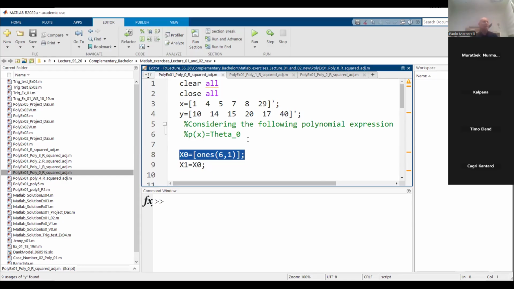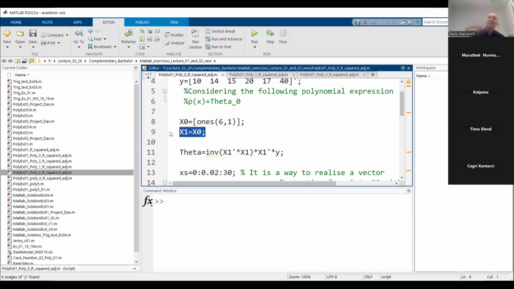Should I come back to the lecture, or is it clear? It's clear. This is fixed. When you use the polynomial order 0, you have just a column of 1. Basically, what is the polynomial order 0? It's the mean value. Y overline is to calculate the mean value.